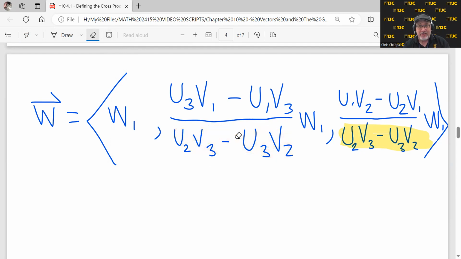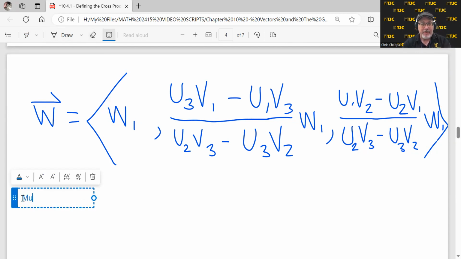And notice that all three components have a W1 as a factor. That was kind of by our choice. We said W1 will be free, and let's solve for the other variables in terms of W1. So if I want to simplify this so-called formula for the so-called cross product, I'd like to take advantage of both the fact that the denominators match and they all have W1s. So I'm going to multiply.